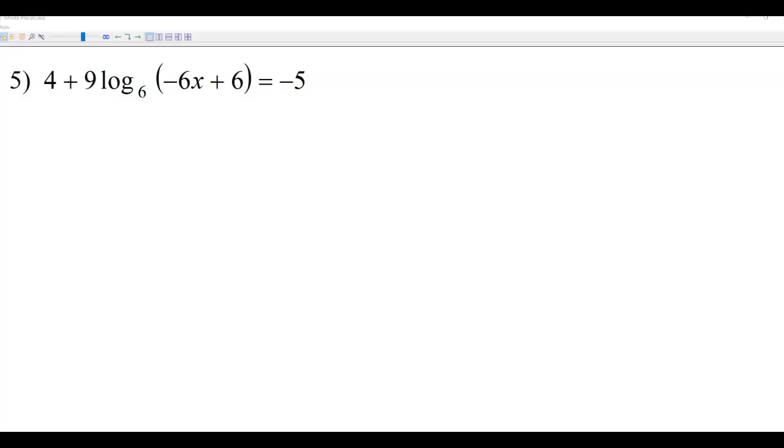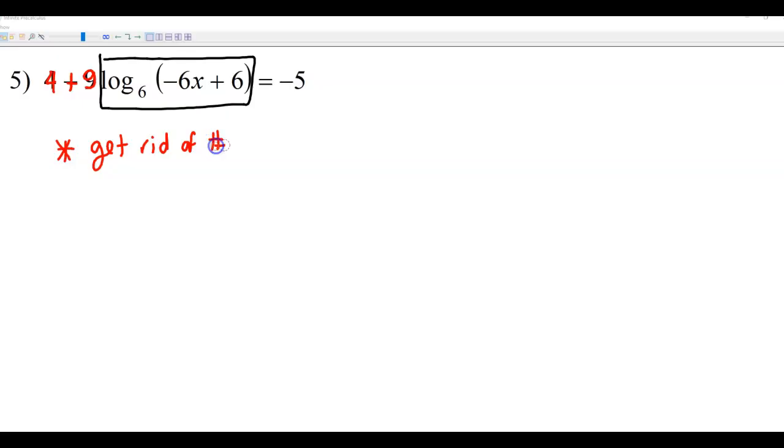Now, whenever you have extra numbers outside the log, so here's my log, but I've got these extra numbers outside of the log, we want to get rid of numbers outside the log before we solve.